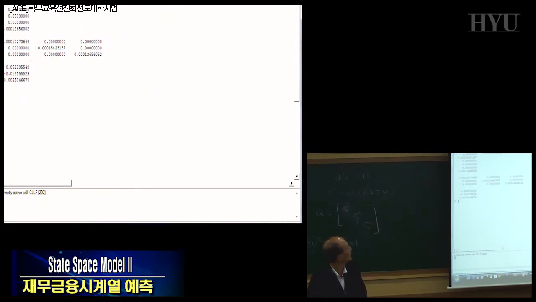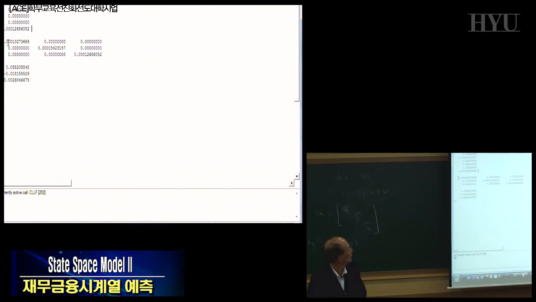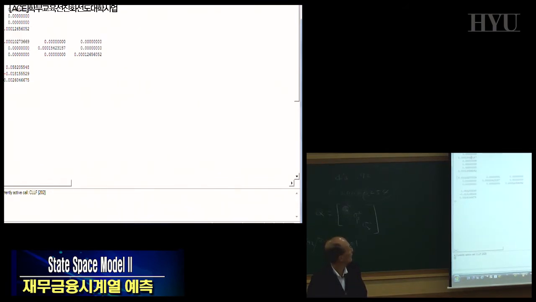yeah, this is initial P0, and then you are reshaping this one as this one. So it's like 1, 2, 3, 4, 5. 1, 2, 3, 4, 5. Right? This way. So reshape function is receiving this one as an input and then receive dimension.